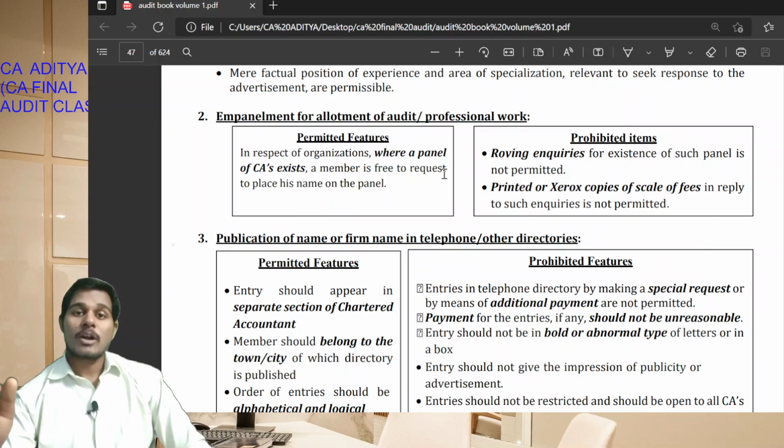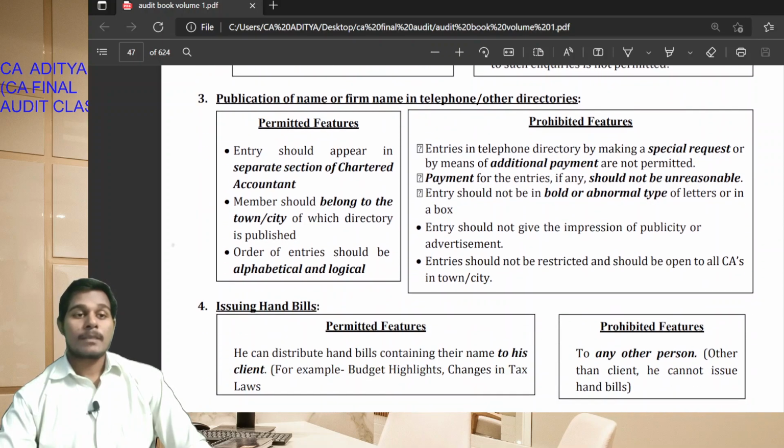He should have the knowledge that a panel exists and he should ask the authority to include his name in that panel. He should not make any roving enquiries, and printing or xerox copies of scale of fees in reply to such enquiry is not permitted. Okay students.